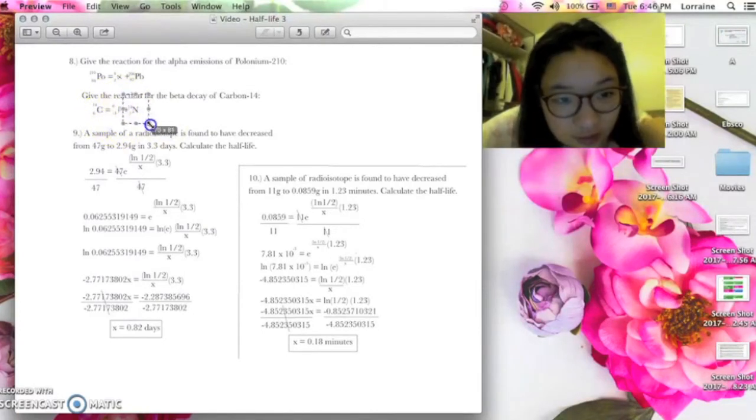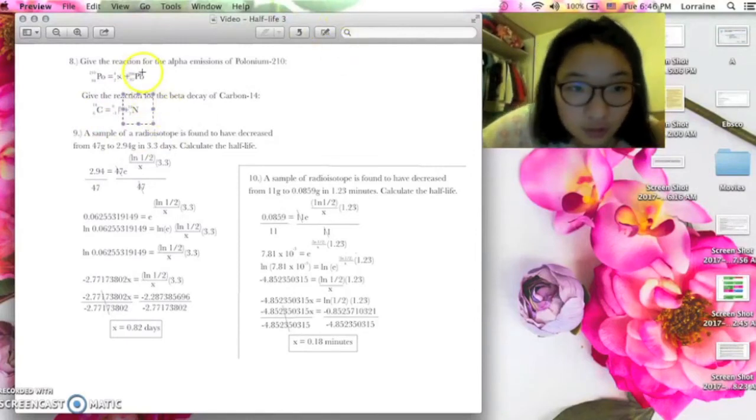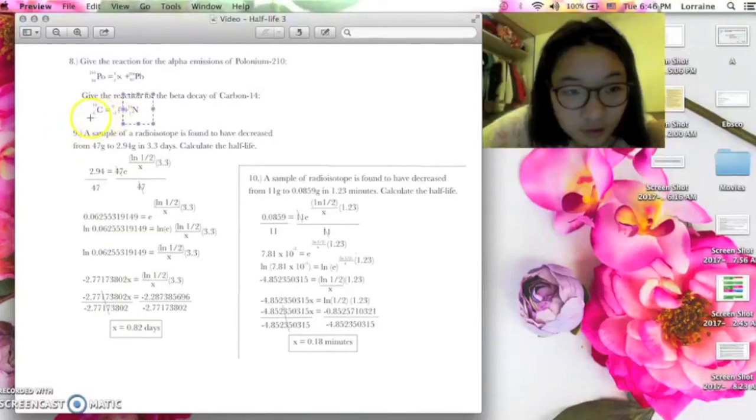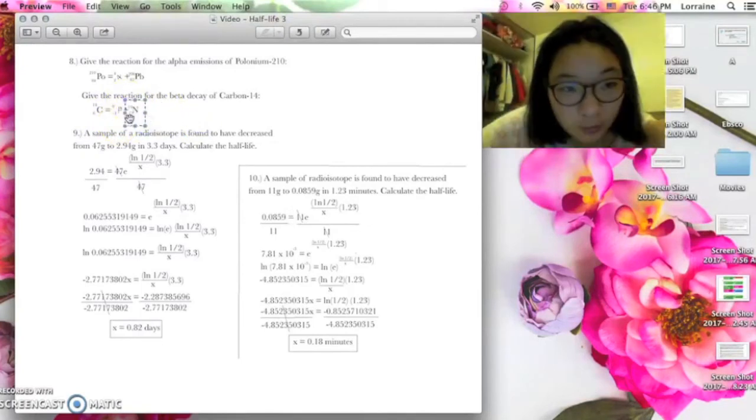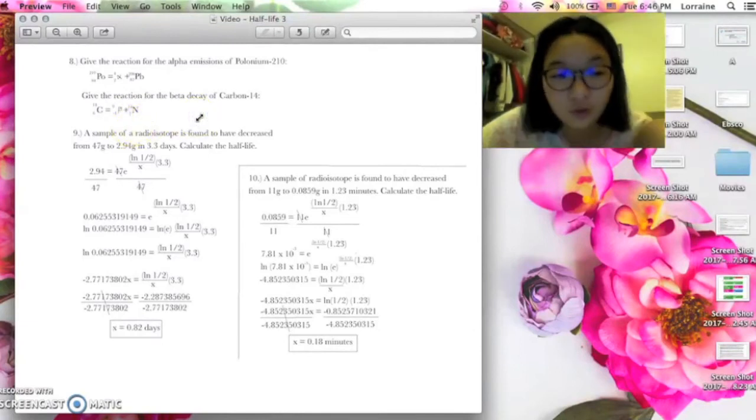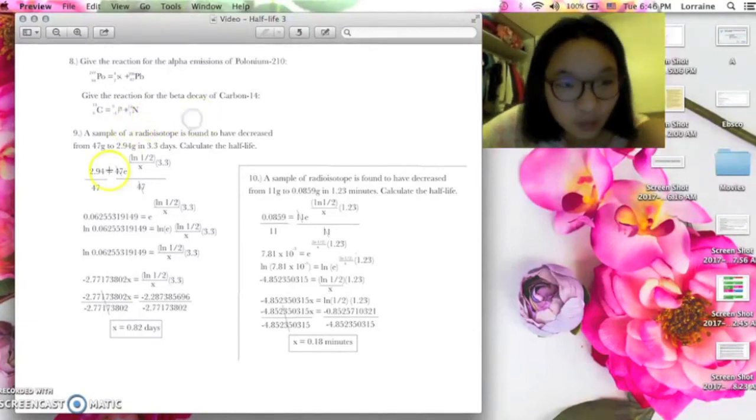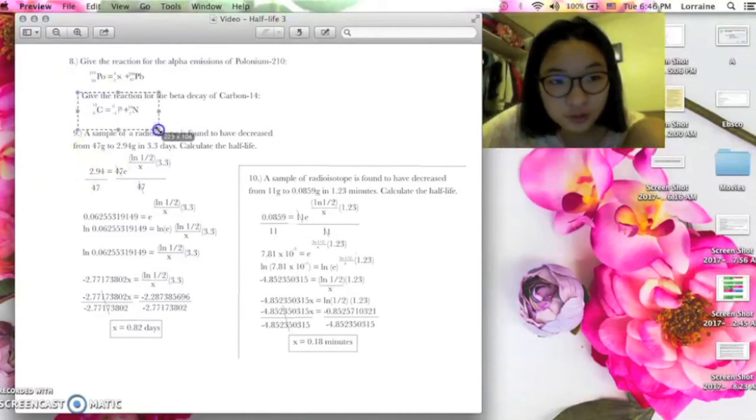To get this one here, you solve 14 minus 0 equals 14, and 6 minus negative 1 is 7. I knew it was N because in the periodic table of elements, the atomic number of N is 7, so you just know it. Anyway, this is the answer for the reaction for this item.